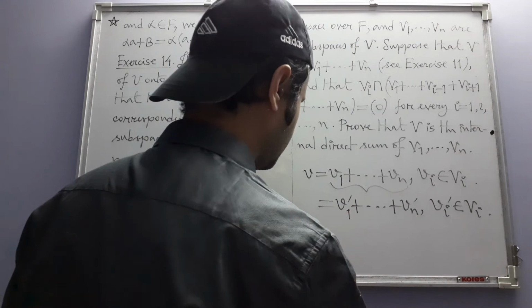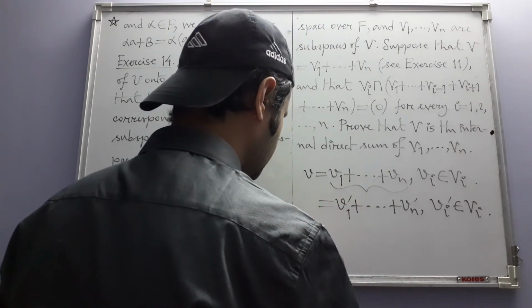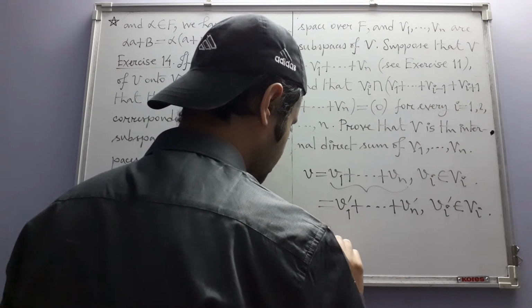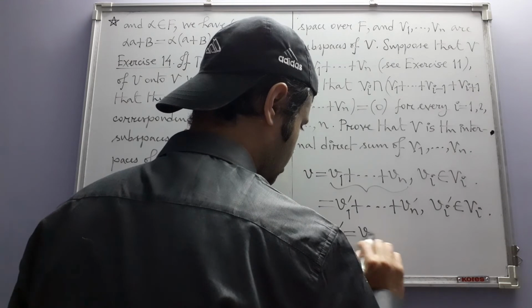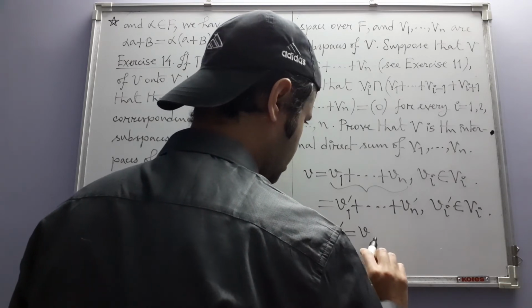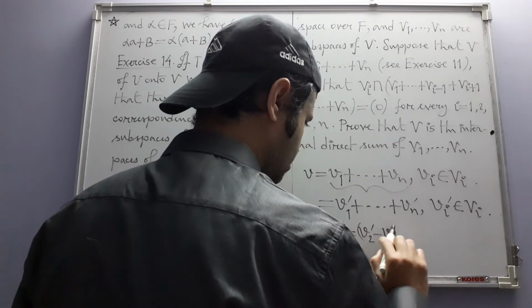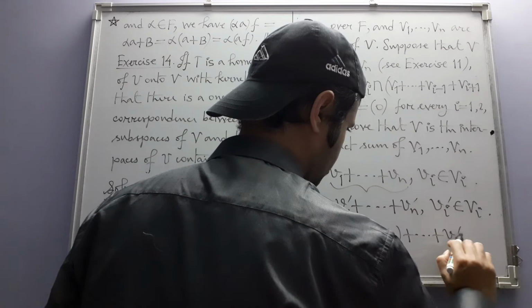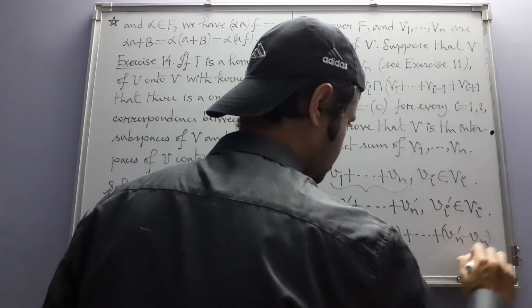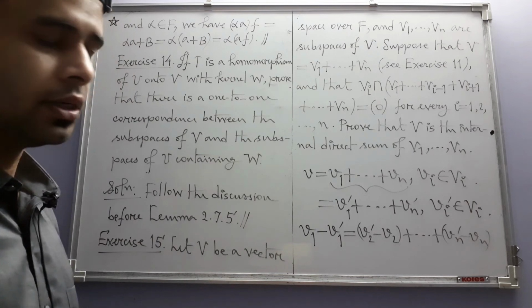For that, it's not very difficult. From this equality, you can see that you have something like this: v1 minus v1 prime equals v2 prime minus v2, v3 prime minus v3, and so on. Now look at this equation.